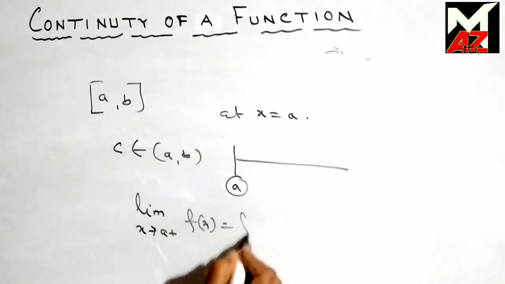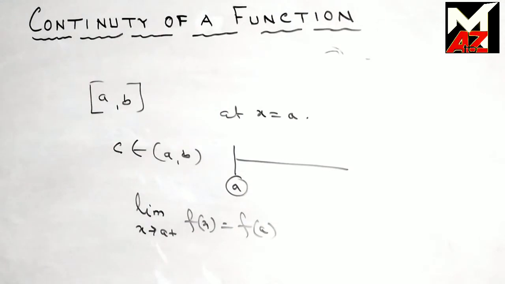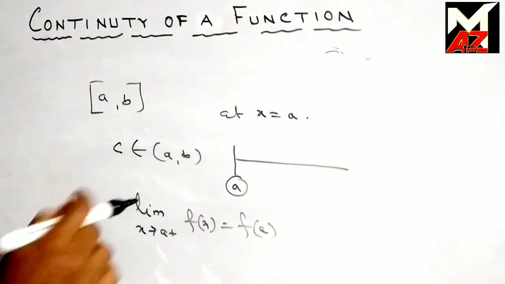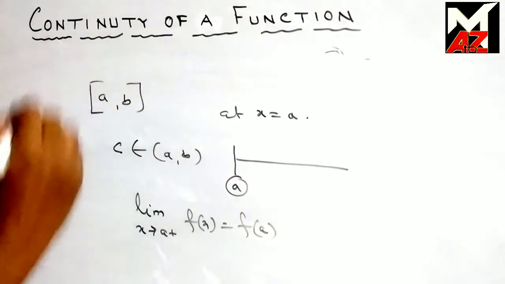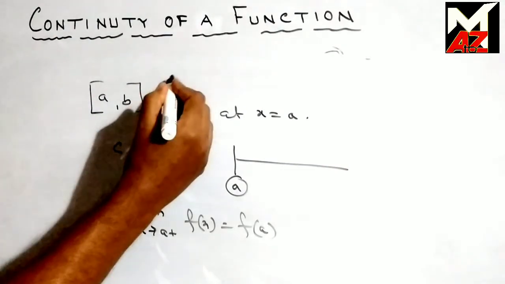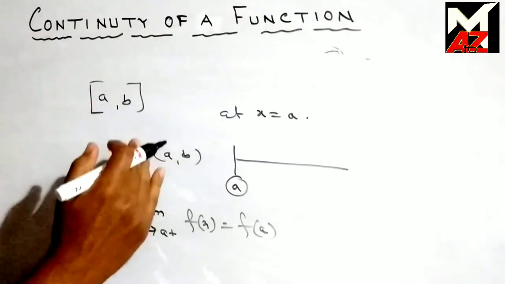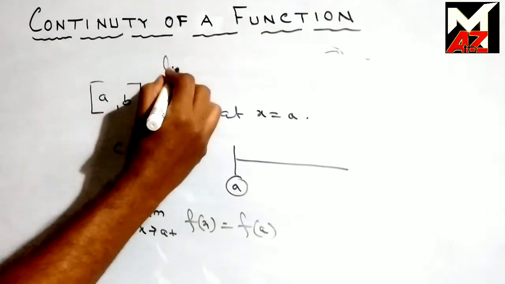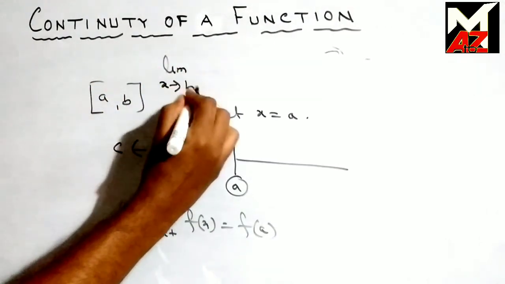Also at the endpoint b we have to show continuity from the left, that is limit x tends to b minus f x equal to f b.